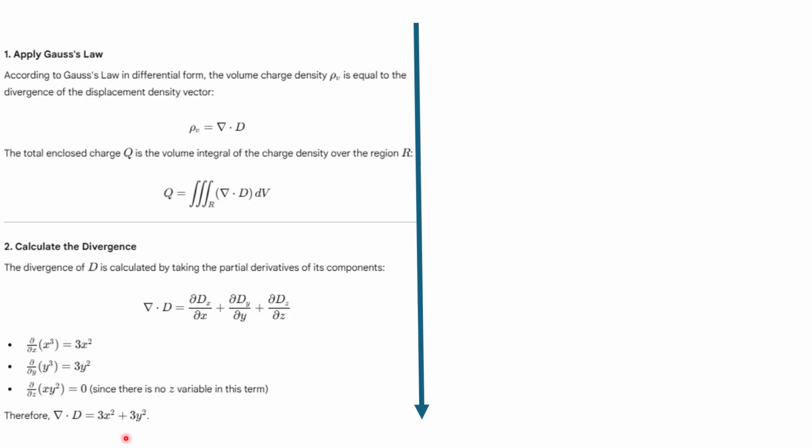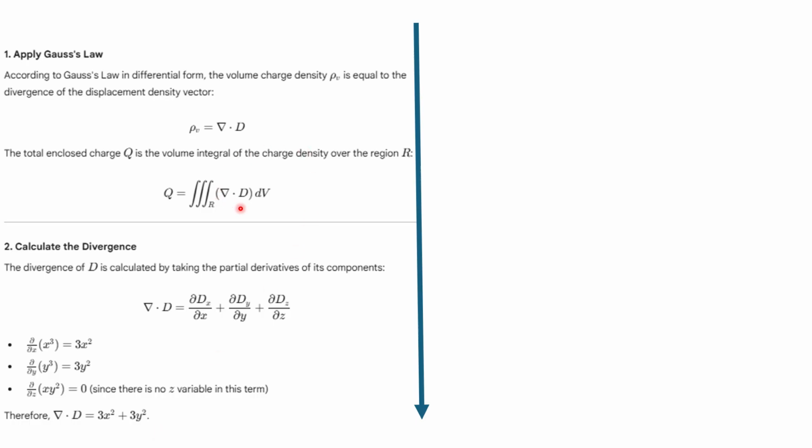So 3x square plus 3y square, as per the question already given. So dDz by dz, this part will be 0. You can check it, okay? So once we got rho v, that first step is over. Now this is rho v, meaning the charge density.